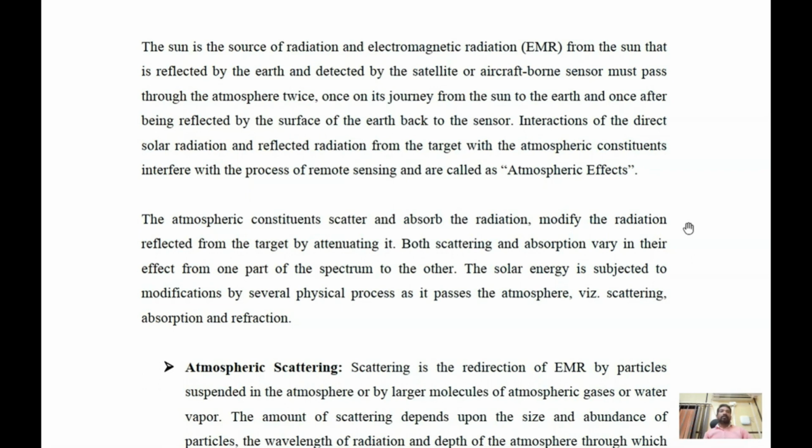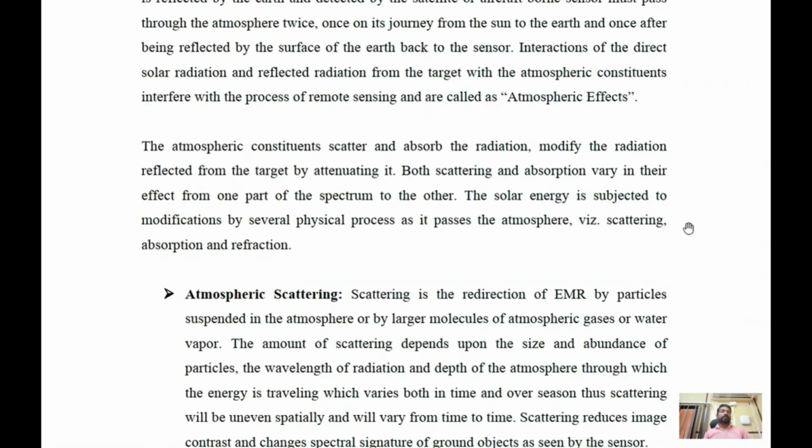Interactions of the direct solar radiation and reflected radiation from the target with atmospheric constituents interfere with the process of remote sensing and are called atmospheric effects. The atmospheric constituents scatter and absorb the radiation, modifying the radiation reflected from the target by attenuating it.